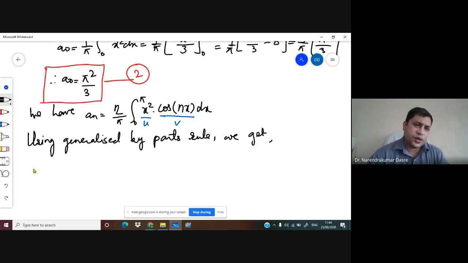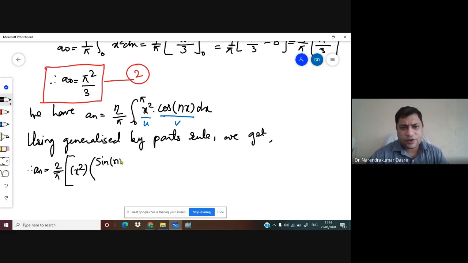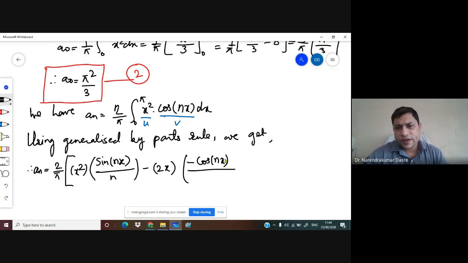we get, see here we have an equal to 2 upon pi, the first term remains as it is, integration of the second. So it is going to be sine of nx upon n minus the derivative of this term, so 2x, then the integration of the second term, so minus cos of nx upon n square.